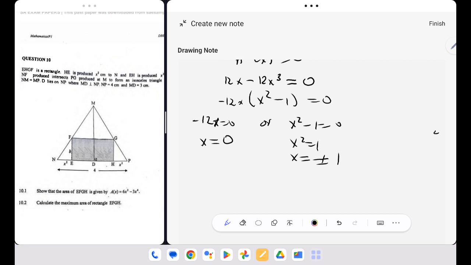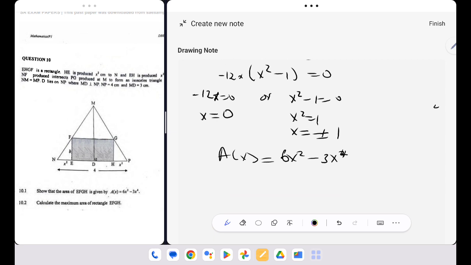For me to find the maximum area, I'll just substitute the value of x here into 6x squared minus 3x to the power 4. Whenever I substitute positive or negative 1, I'll get the same thing because both my exponents are even.